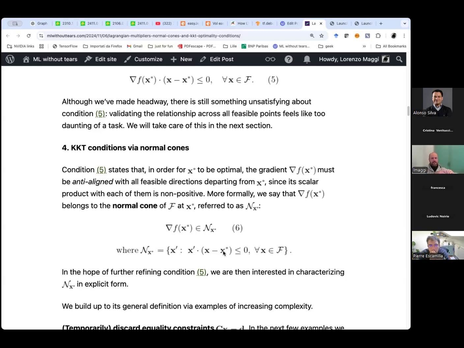So you take x star, you take x prime, you go away from x star while still staying in the feasible direction. If the scalar product between x prime and any of these feasible directions is non-positive, then your x prime is in the normal cone.